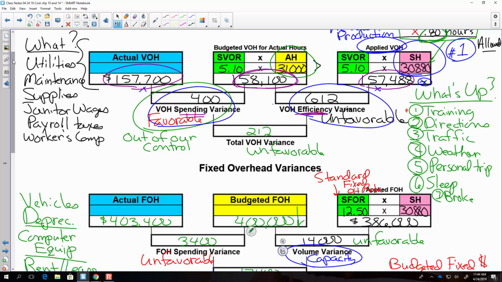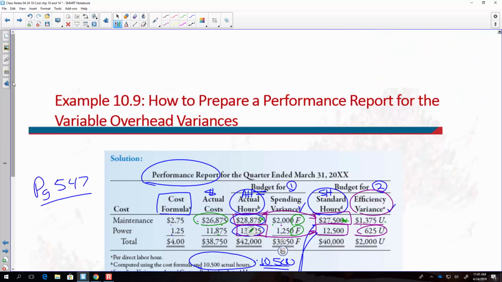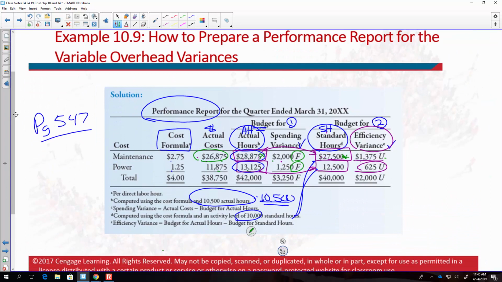I'm doing the same thing on my templates as I would on my performance report. They call this a performance report. Now, I don't have any examples to show you. This might be even in a written format as well. So, see how you do with it. Let me know if you have any questions with it.